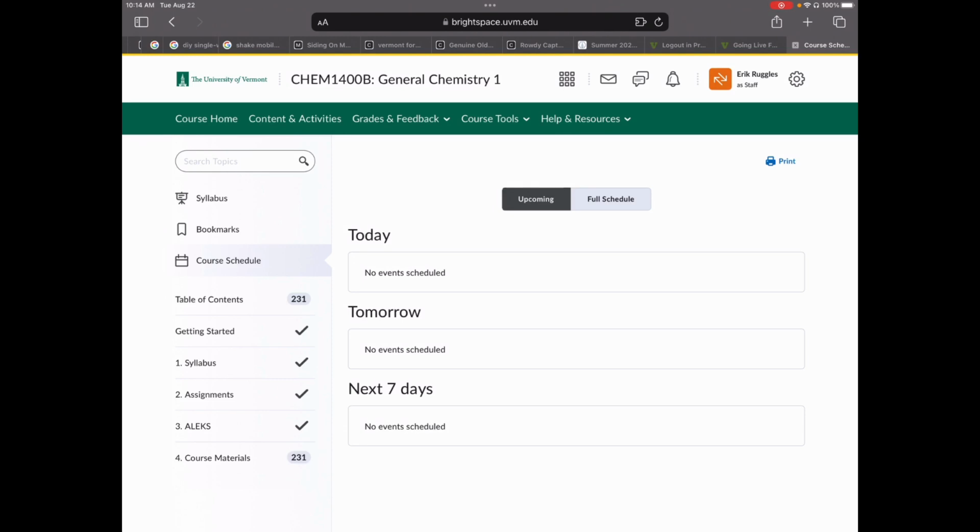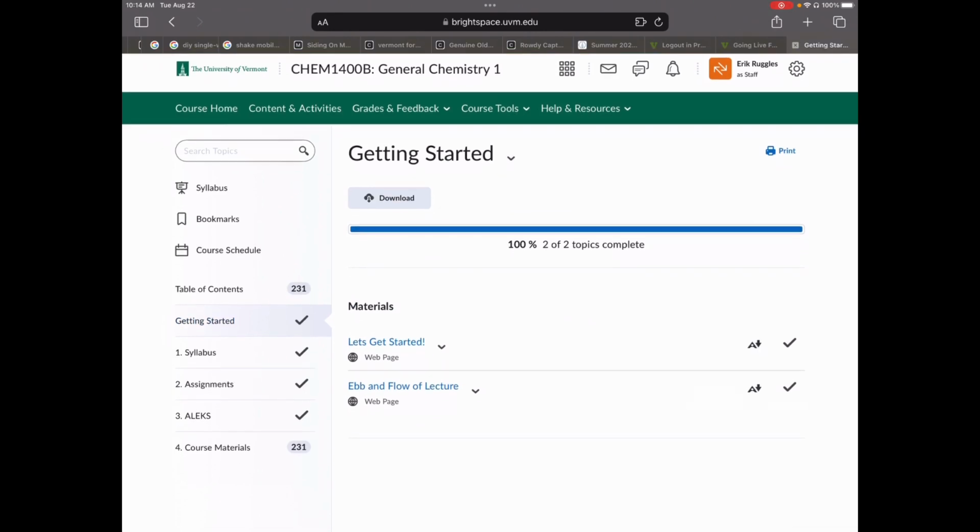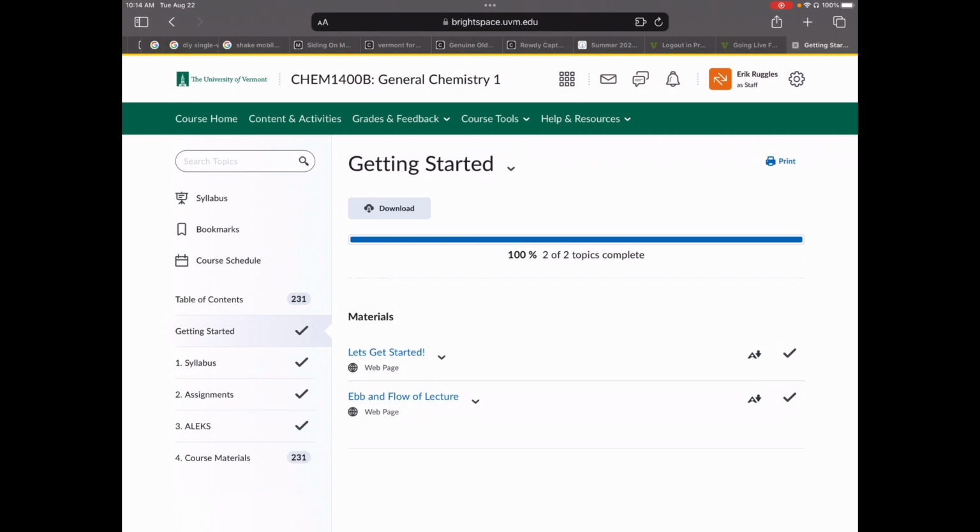So this is the table of contents, and where we're at right now is within Getting Started. Here is our first part of the table of contents, Getting Started. If you look in the middle, we have materials, and one is Let's Get Started, and the other is Ebb and Flow of Lecture.